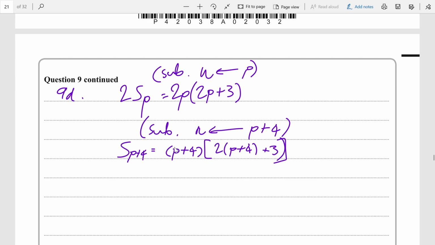And if we expand that bracket out, we get (p plus 4) times (2p plus 8 plus 3), and then the plus 8 and plus 3 will become the constant term plus 11. Or rather, (p plus 4) times (2p plus 11).